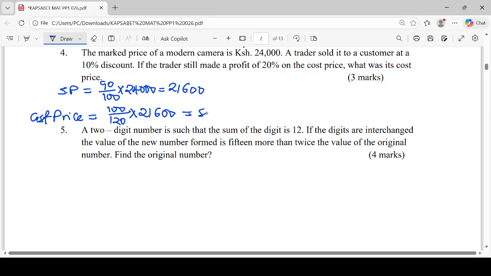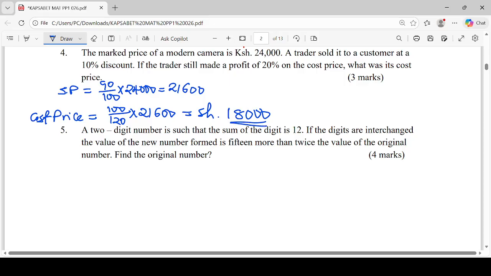And when you take 100 over 120 times 21,600, you're going to get 18,000 shillings.